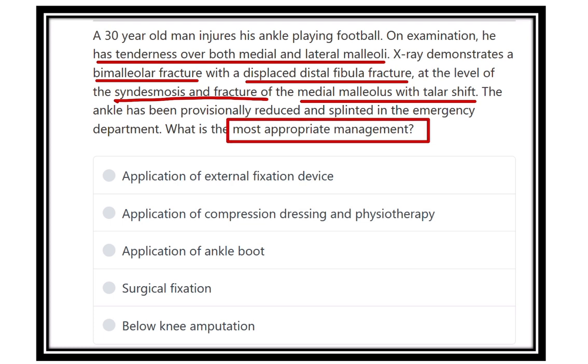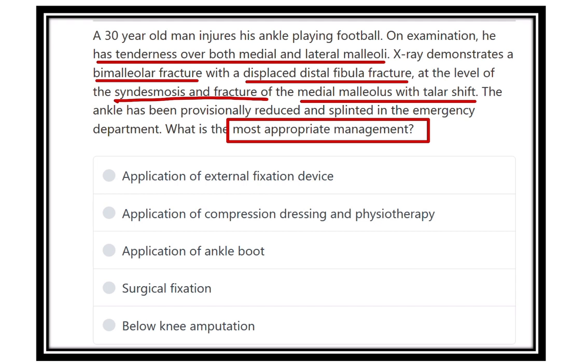What may be the definitive management? So we have to go for the definitive management. And here are the findings again. The finding is tenderness in the medial and lateral malleolar area, and on X-ray there is a bimalleolar fracture, and there is a displaced distal fibular fracture at the level of the syndesmosis.